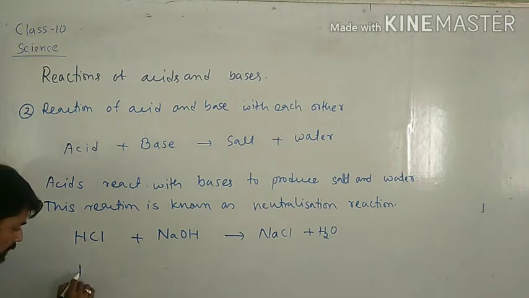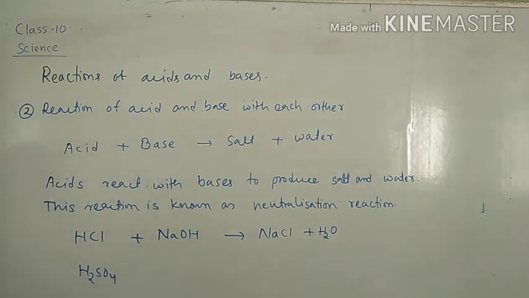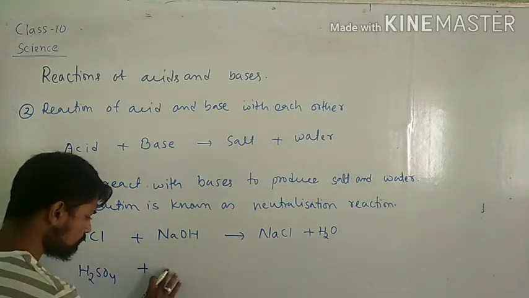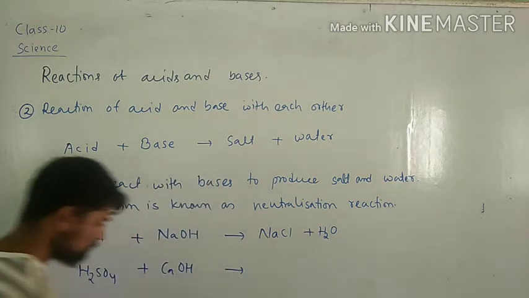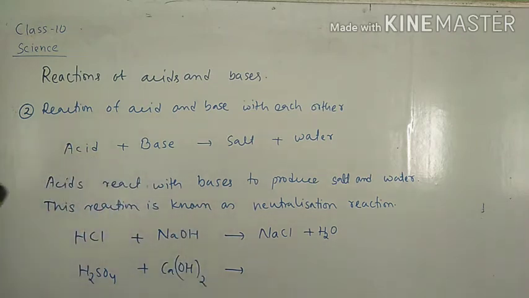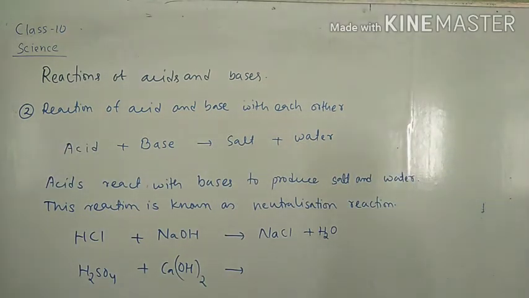Let us take another example of sulfuric acid H2SO4, which reacts with another base, calcium hydroxide. The formula of calcium hydroxide is Ca(OH)2. Then what happens when sulfuric acid reacts with Ca(OH)2?